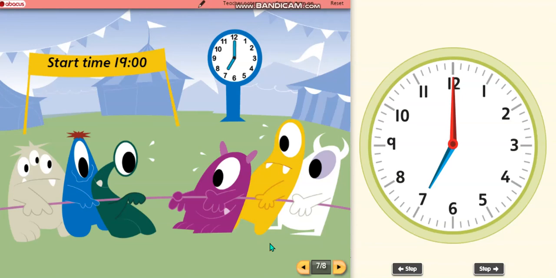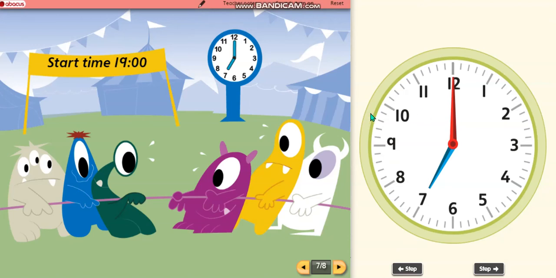This time we are going to take away, move backwards. So what time do they need to start cleaning up so that they will be ready at 7 p.m.?